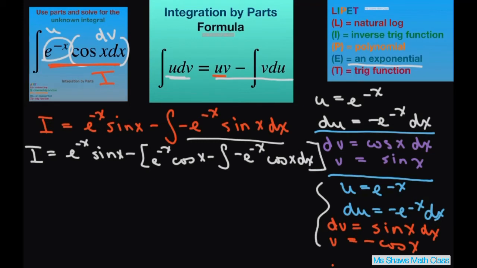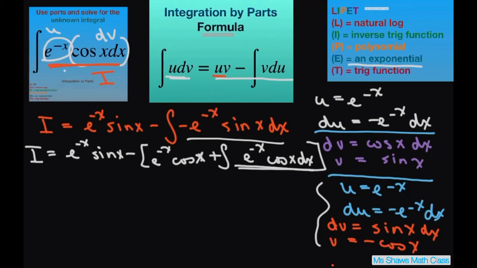All right, looking at this, to save some space, we have two negatives here, so I'm going to get rid of that on this line and just make this positive. And if you notice, this is just your original integral.